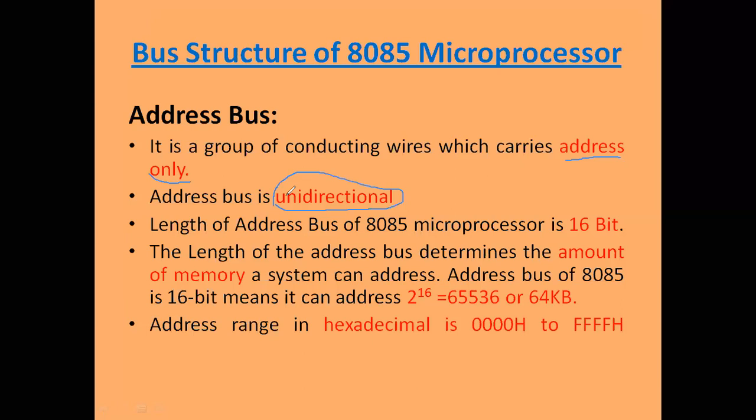The microprocessor tells what is the address of input, what is the address of output, and what is the address of memory. As you are all familiar, memory is just like your notebook page. In this you have lines, so in memory also each line is like a location where you can store data.